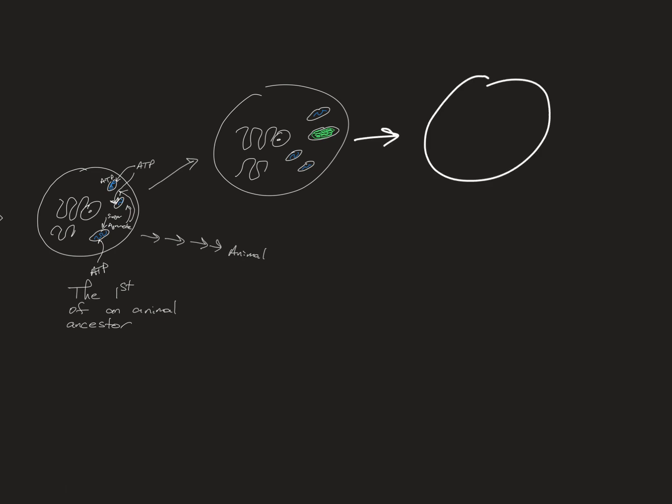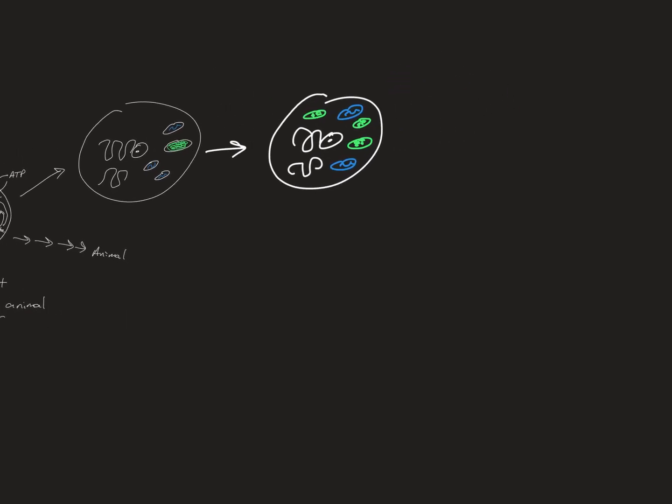You have a beastie that has a mitochondria, all right, and that has these things that we call chloroplasts. All right, so we have chloroplasts, we have mitochondria.